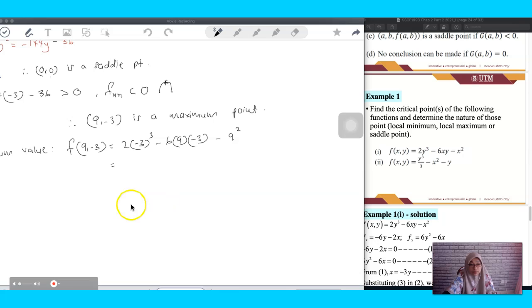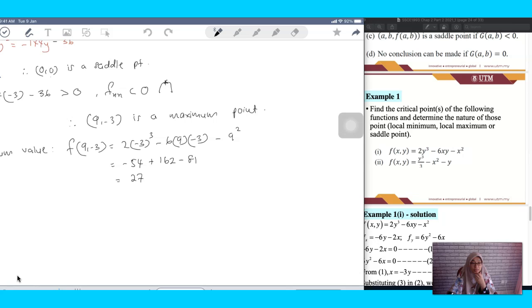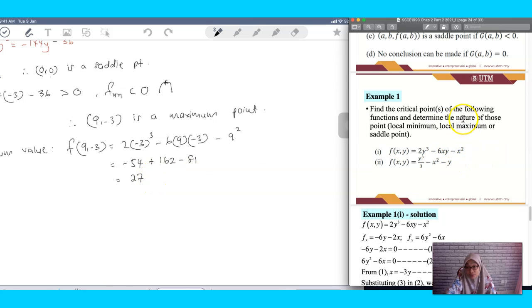Then when you evaluate that, you will get 27. So you know that (9, -3) is a maximum point where the maximum value is 27, if they ask for it. But normally, they're just interested to know the point only, but sometimes they will ask for that.